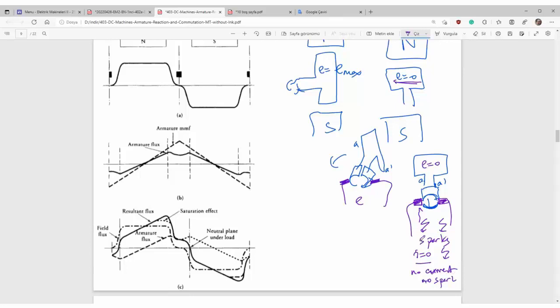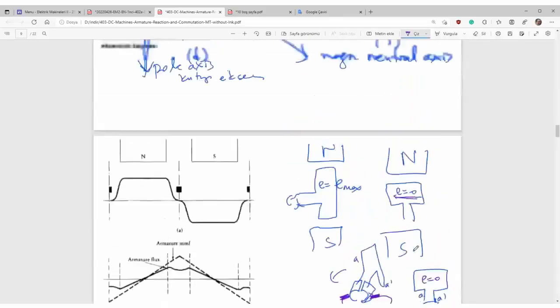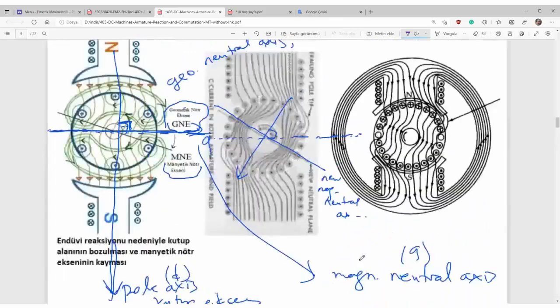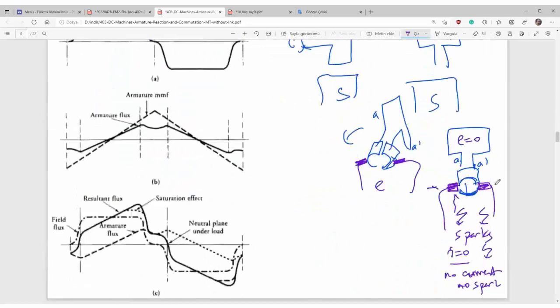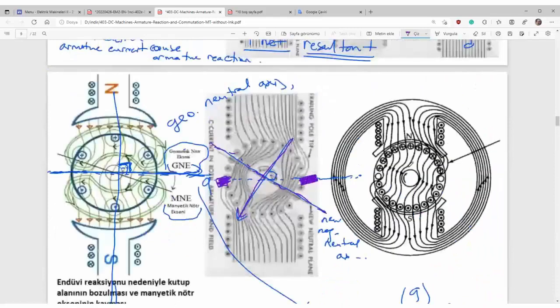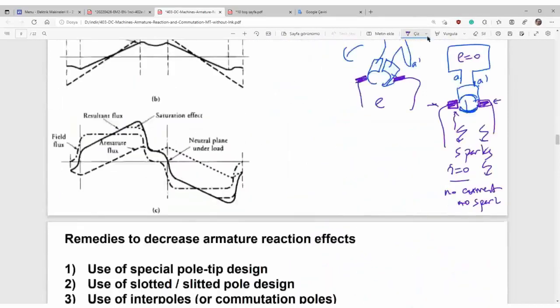That was good before armature reaction. Ladies and gentlemen, when there's armature reaction, the magnetically neutral axis will change. But the brushes are fixed. After the armature reaction, since your brushes are fixed in place and the magnetically neutral axis has moved by an angle, the electromotive force will not be zero.